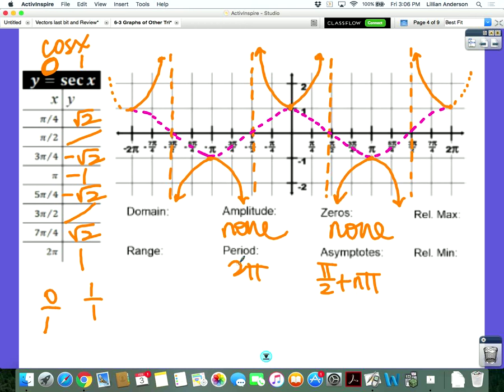And the range? Is negative 1 included or not included? And 1 included. Infinity.